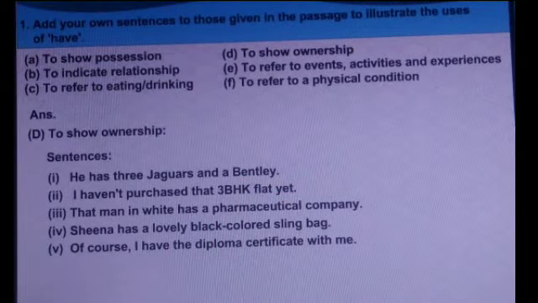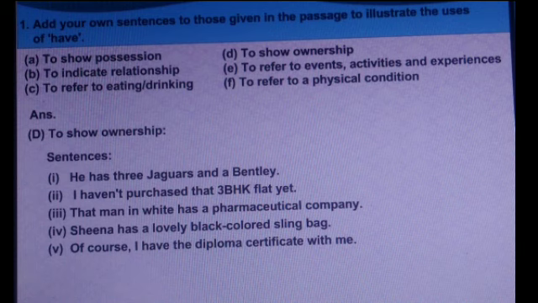Now we are going to see how have is used to show ownership. A few examples tell us how have is used to show certain ownership for people. Example, he has 3 joggers and a Bentley. Number 2, I haven't purchased that 3 BHK flat yet.